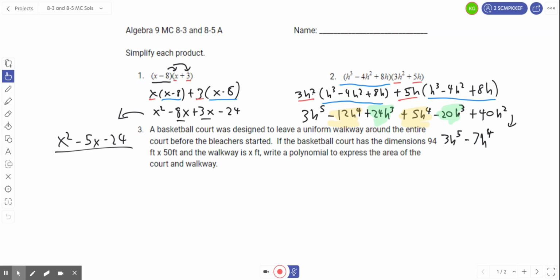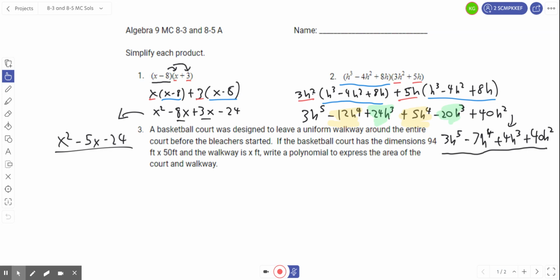And when I combine 24 and negative 20, I get positive 4h to the third, and then I have an h squared at the end, 40h squared. Ooh, lots of things to be careful with here. Okay, so final answer there: 3h to the fifth minus 7h to the fourth plus 4h to the third plus 40h squared.